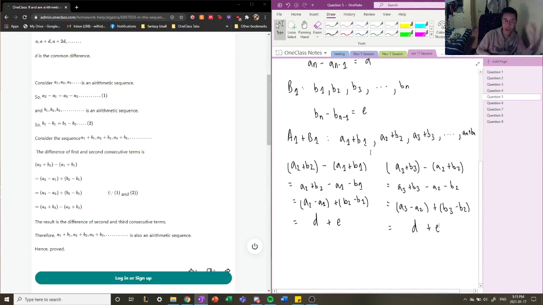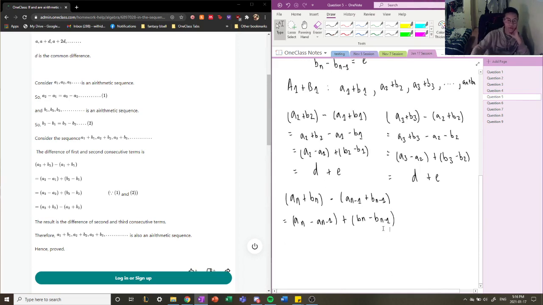Let's check this in general. Let's have an nth term: what's the difference between the nth term of our sum of the sequences and the (n-1)th term? If we break through these brackets again, I'm just going to skip to the third step here. We have An minus A(n-1) plus Bn minus B(n-1).